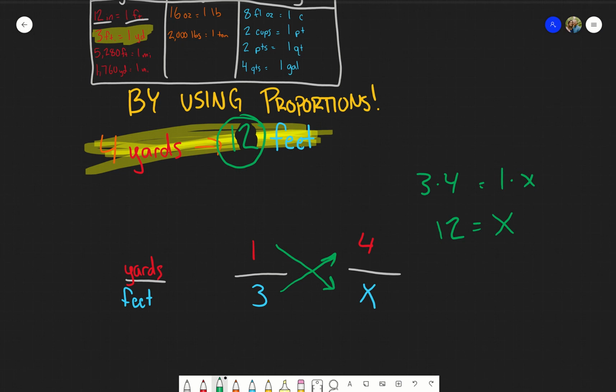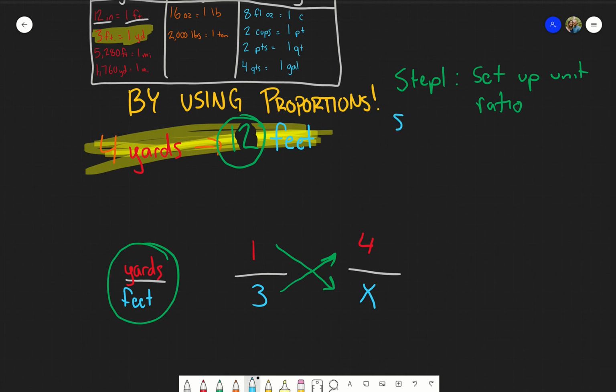Okay, what we do, step 1. Let me erase this so we can write our steps here. Step 1, set up unit ratio. Okay, set up my unit ratio. That's right here.